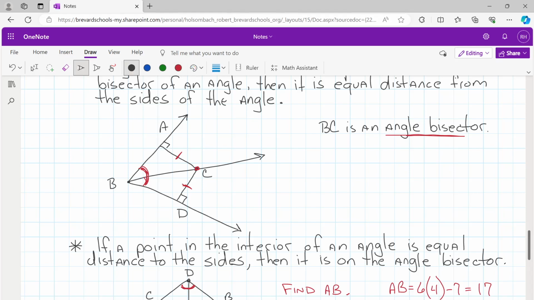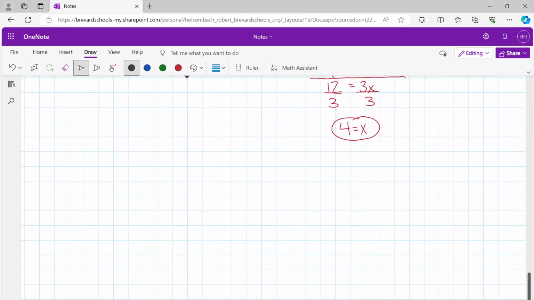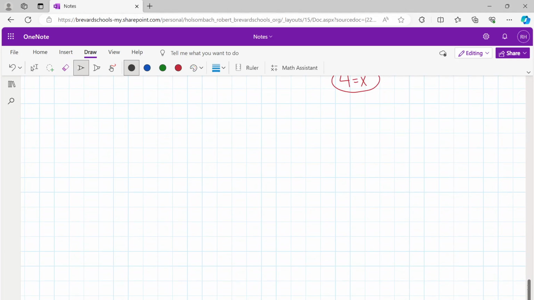How many angles does a triangle have? 3. How many angle bisectors does a triangle have? 3. If a triangle has 3 angles, then a triangle is going to have 3 angle bisectors.